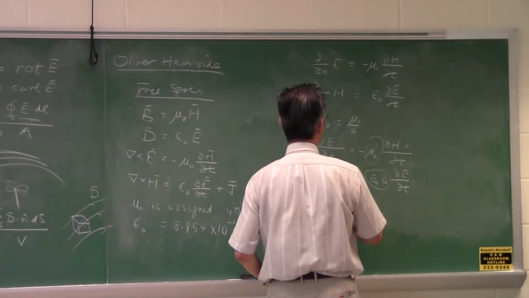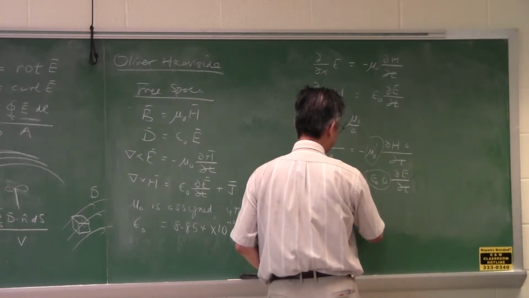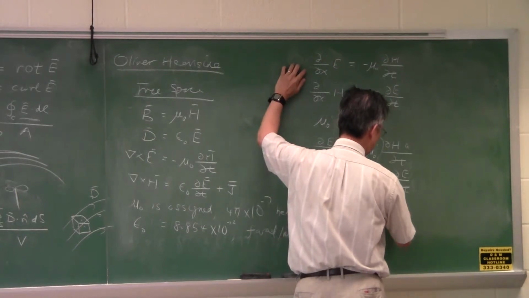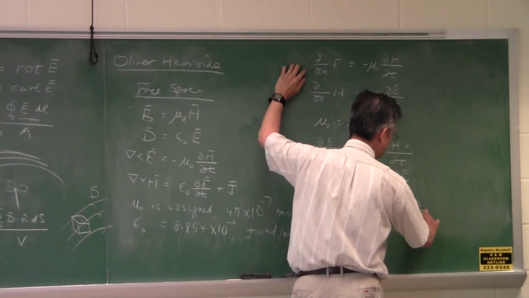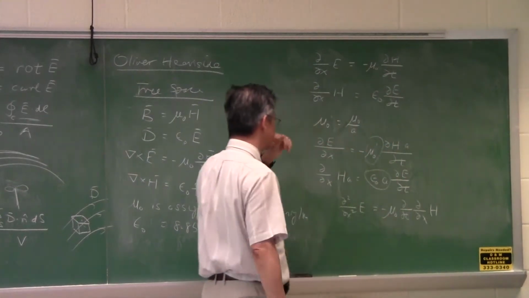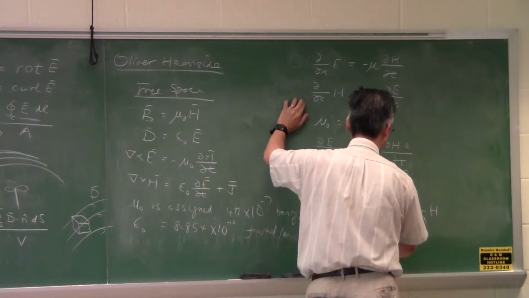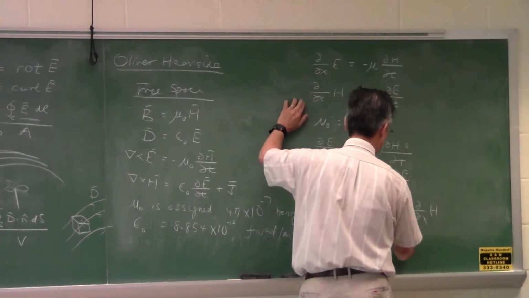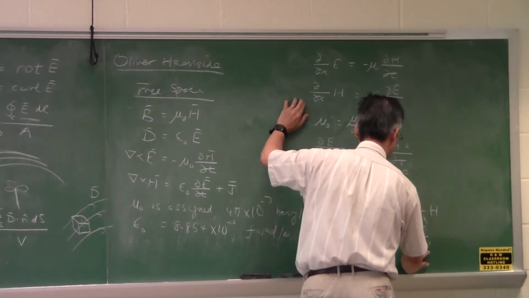something that's invariant, then I take the second derivative of this equation. I get this equation, and then from the second equation, I get this equation. D squared.